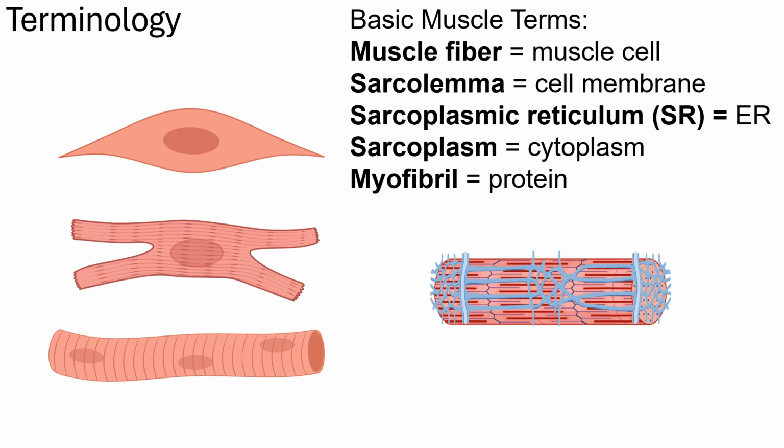It's these myofibrils that fill up over 80% of the sarcoplasm of a muscle cell, pushing to the side the nuclei and the mitochondria.